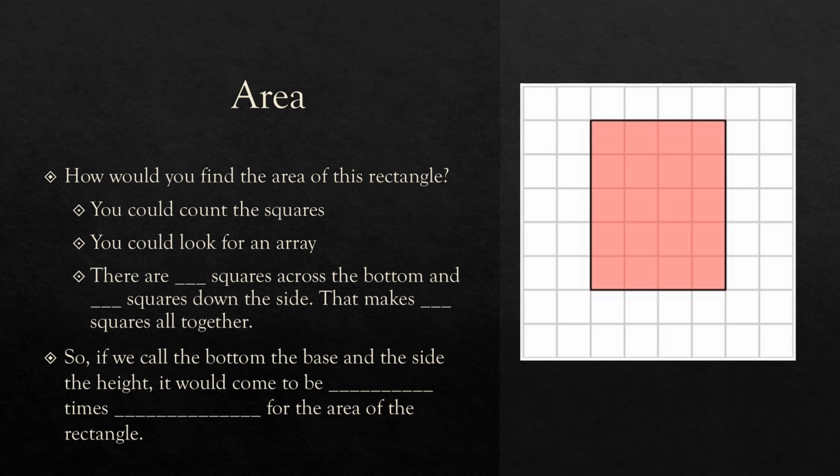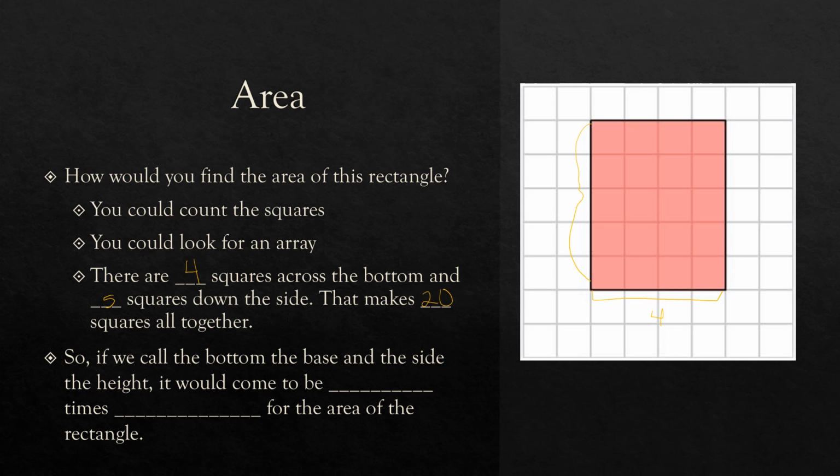So we see that there are 4 squares across the bottom, and we have 5 squares down the side. We know that 4 times 5 is 20. That makes 20 squares altogether.